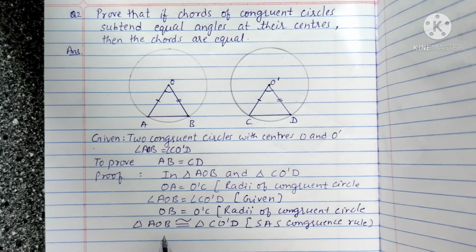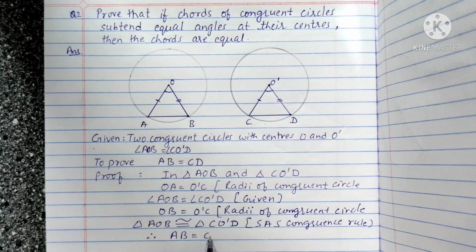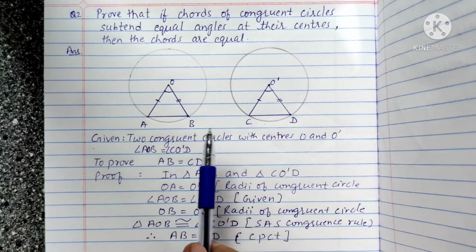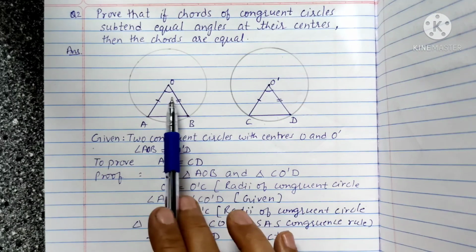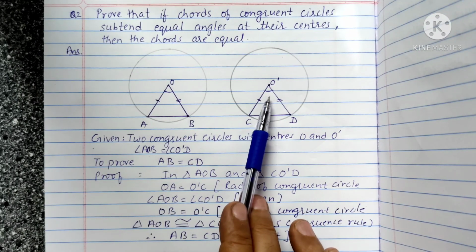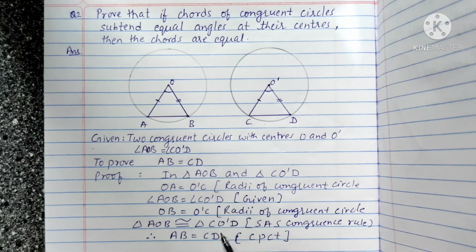Now since these two triangles are congruent, therefore the chord AB is equal to chord CD. This is due to corresponding parts of congruent triangles being equal. So if two chords subtend equal angle at the center of two congruent circles, then the chords are equal.